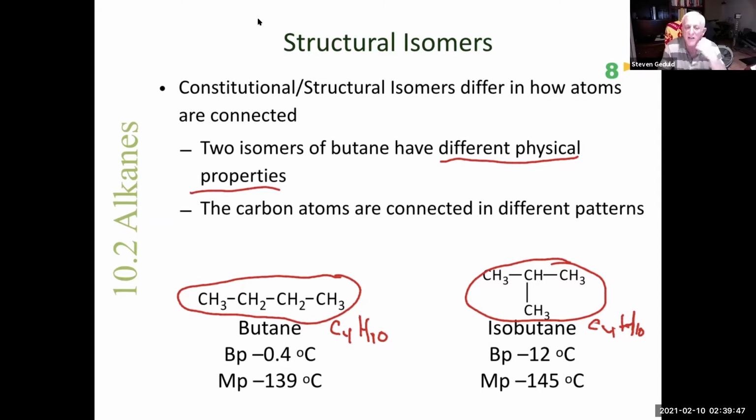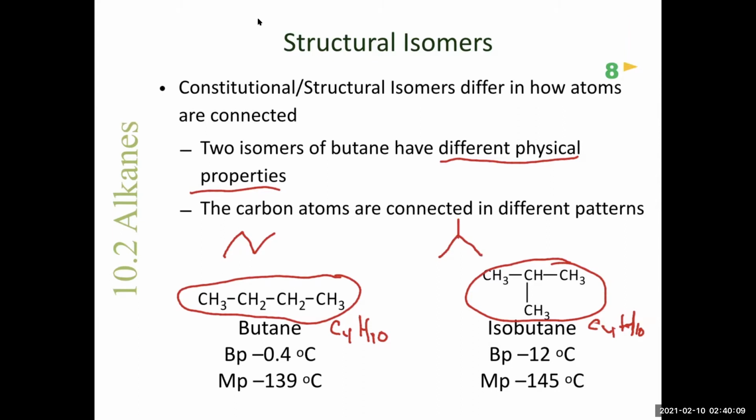So what's the line formula for butane? Butane would be 1, 2, 3, 4. That's it. That's butane. What's the structural formula for isobutane? There's a 3 carbon chain, 1, 2, 3. And off the center one, there's a CH3. That's isobutane. That's the line formula for them. The one on the left is very simple. Student: I thought you said it should be 4 lines, but it's 3.